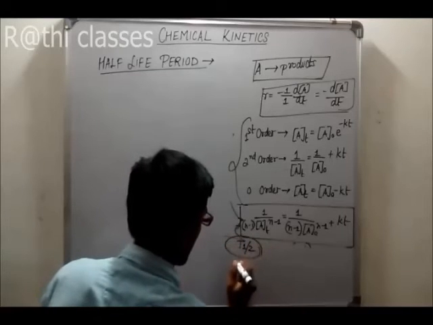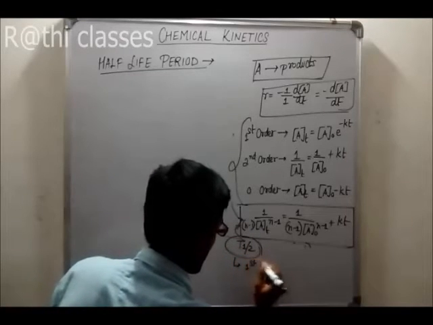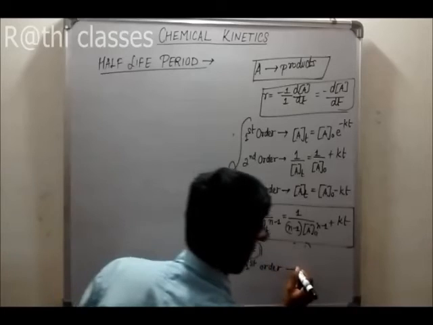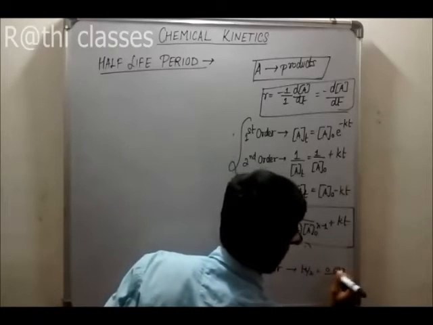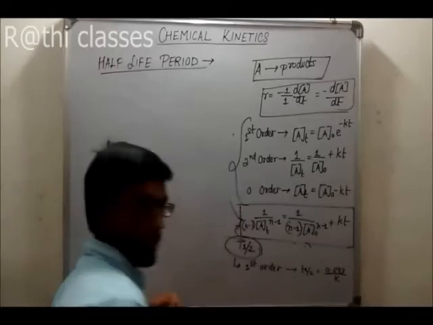For a first order reaction, T half is equal to 0.693 by K, right?